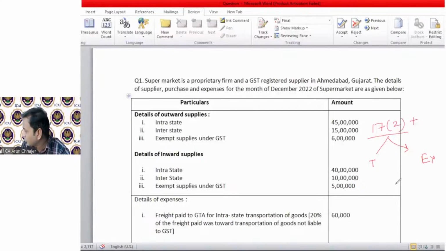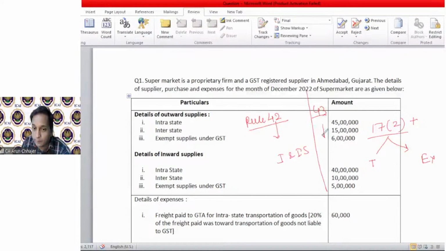Can you please tell me the rule number which I have to apply? Rule 42 for input and input service and rule 43 for capital goods.